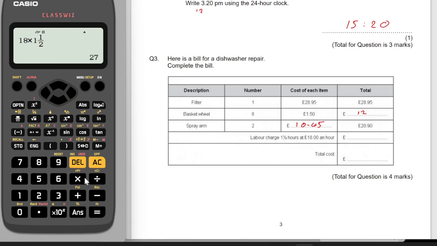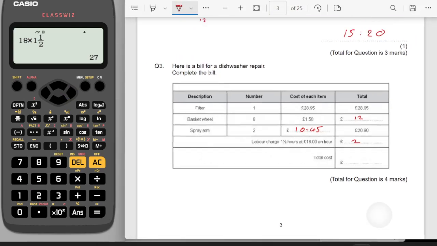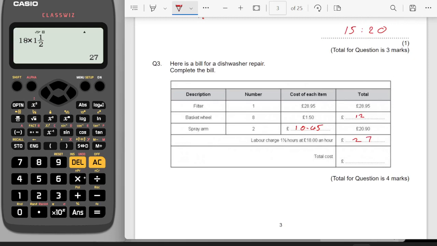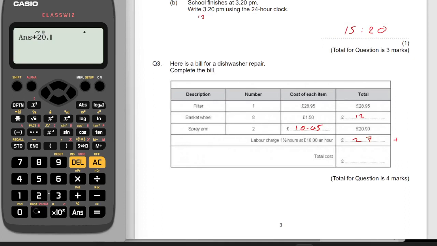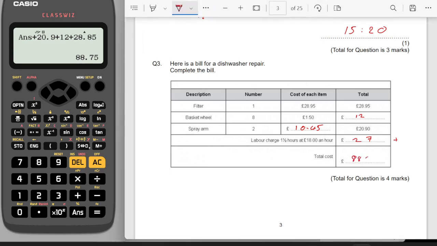So 27. And then total cost is going to be these prices added together. So 27 plus 20.9 plus 12 plus 28.85. So my total cost in a decimal is going to be £88.75.